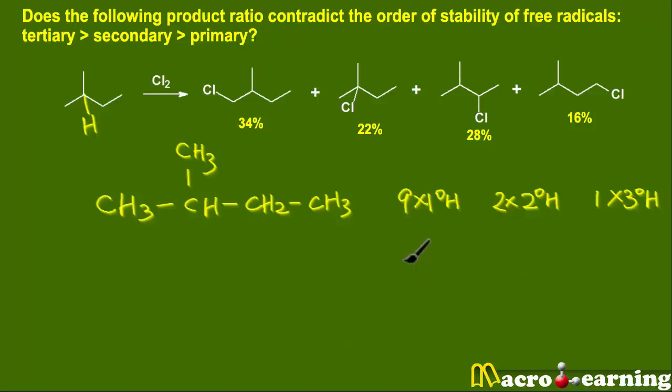So the correct way to calculate the relative reactivity of the different hydrogens, let's call it V, the relative reaction rate if you will, of primary hydrogen to that of secondary to that of tertiary hydrogens, equals what?